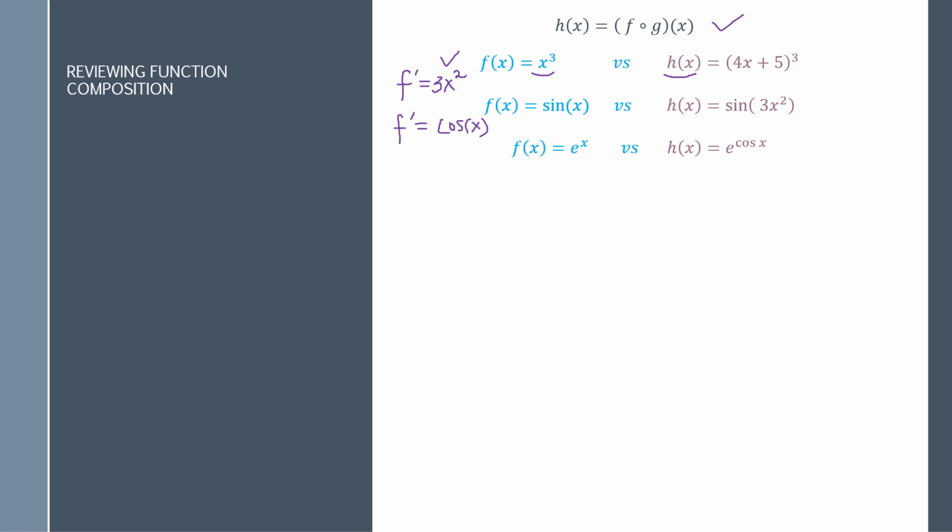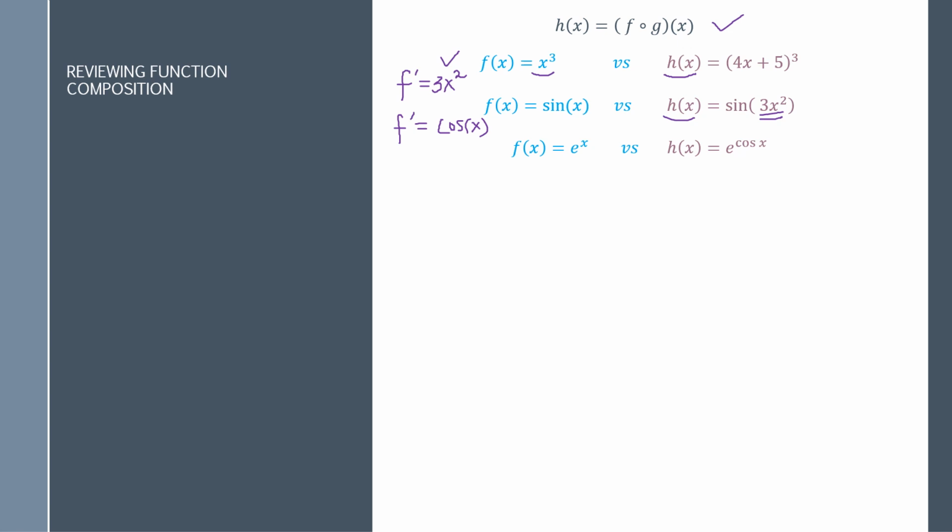Over here we have h of x equals sine of 3x squared. So once again, we have a function composition where f is the sine function and g is 3x squared. How would we go about it if we were to compute h prime in this case?